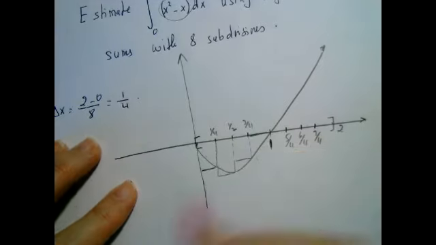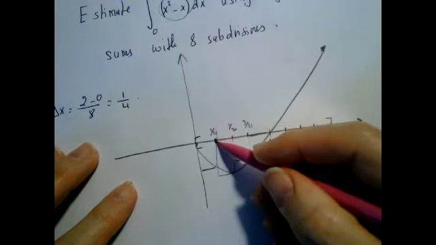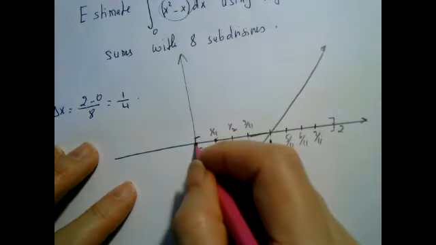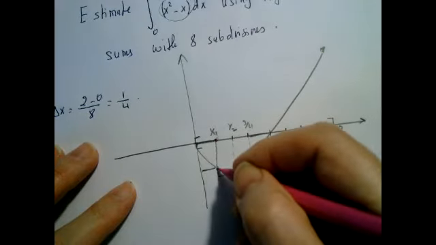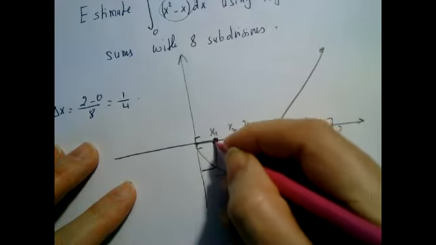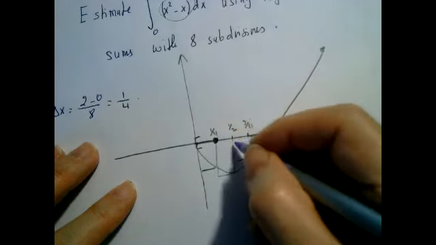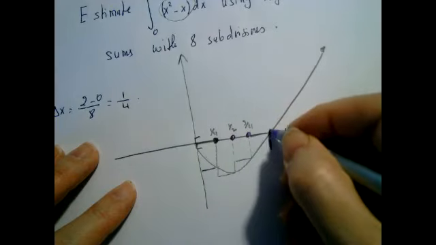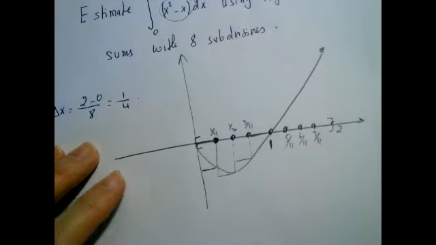I have a question. Didn't you say we were going to use the right Riemann sum? So wouldn't we start from the right side? When I say right Riemann sum, it means on every interval, you take the value of the function at the right endpoint of the interval. What are the right endpoints? This one, this one, this, this, and that.